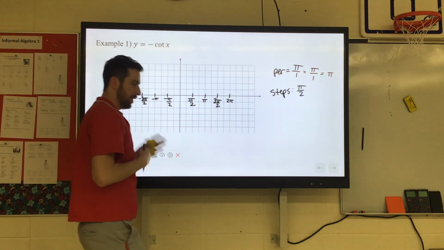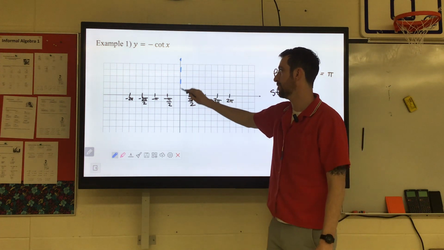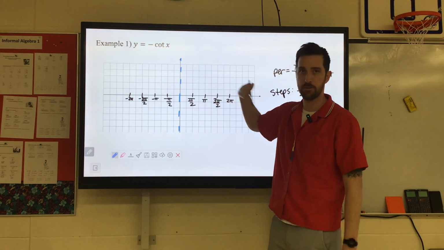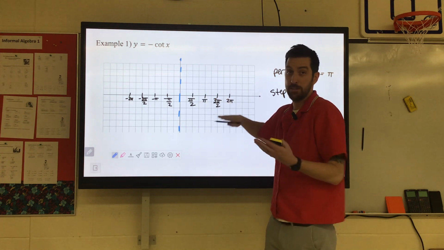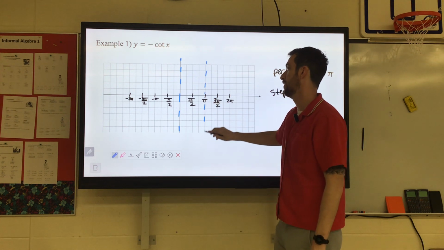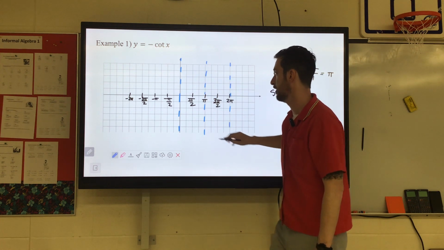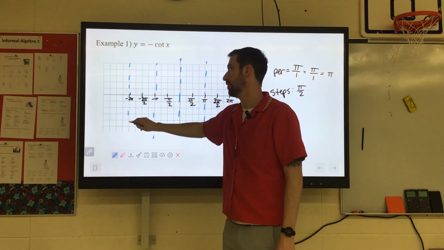That's it. So we don't have a left or right shift, which means our vertical asymptote is going to start right at 0. And it's going to happen every 4 spaces if you keep scaling it this way, or every period. So 0 plus pi is pi, 2 pi. Negative pi. Cool.